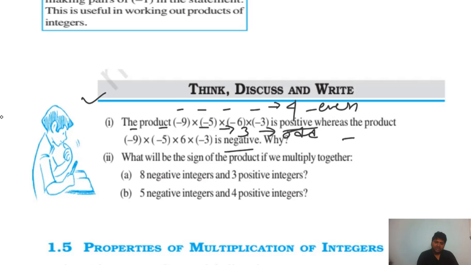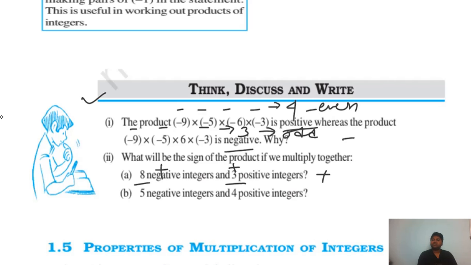Similarly, what will be the sign of the product if we multiply together 8 negative numbers and 3 positive numbers? Multiplying positive numbers simultaneously is always positive because there is no negative. Since 8 is even, multiplying 8 negative numbers gives a positive number, and with 3 positive numbers we still get positive.